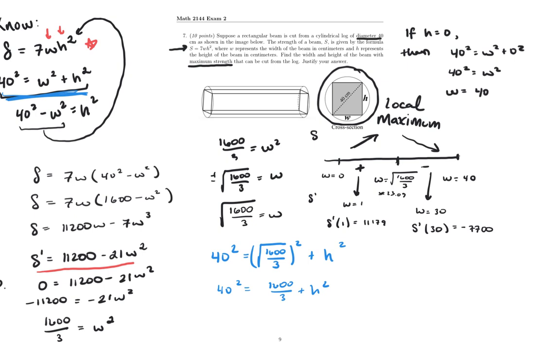I move over that 1600 divided by 3, so 1600 minus 1600 divided by 3 is equal to H squared, and that gives me 3200 divided by 3, which is equal to H squared. Now I take the square root, and it wouldn't make sense to look at the negative value, so I get the square root of 3200 divided by 3 is equal to H.